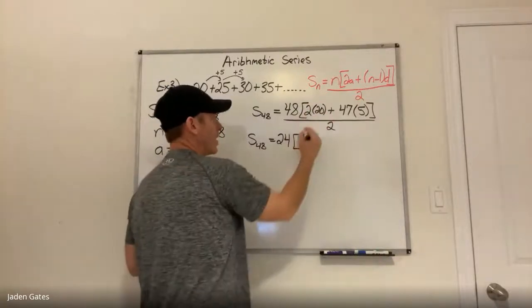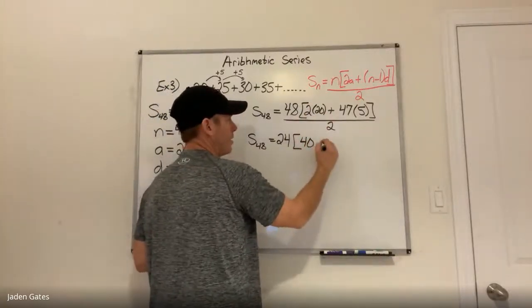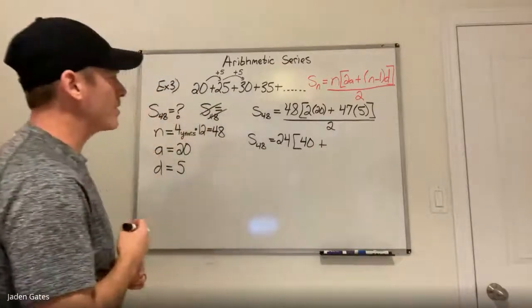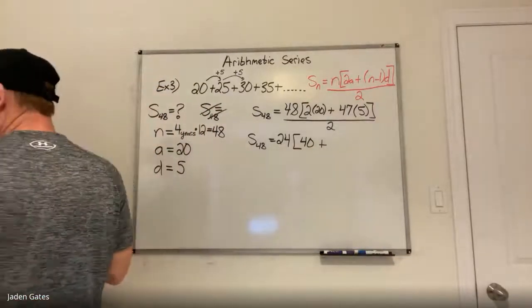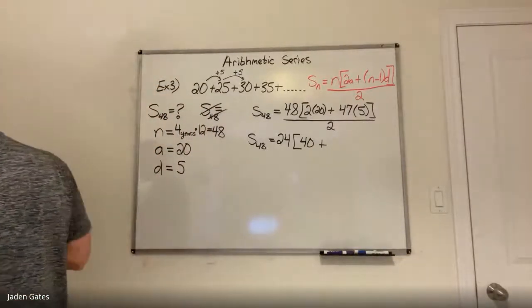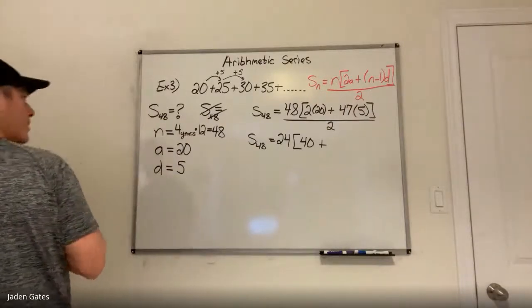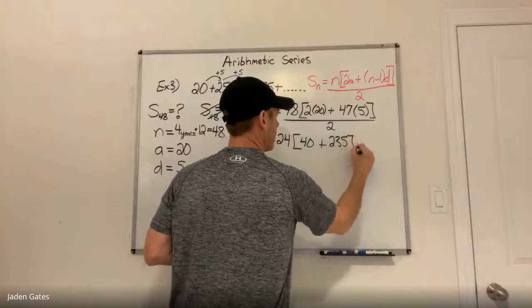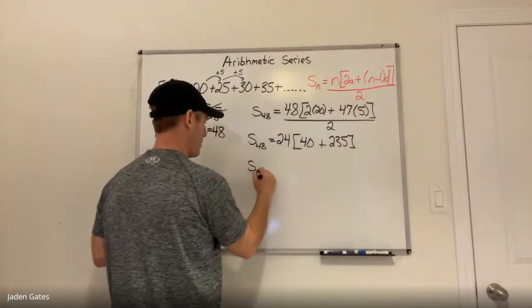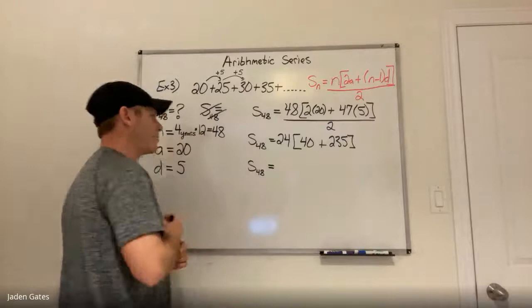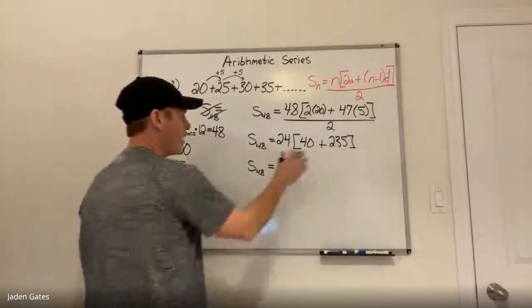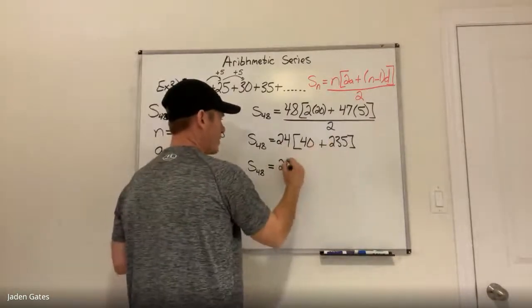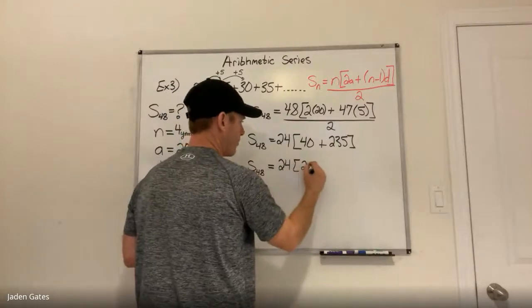So 2 times 20 I know is 40. 47 times 5, yikes, grab the calculator here. 47 times 5 is 235. Again, just continuing on, I put those two together, so I'm going to have 24 times 275.